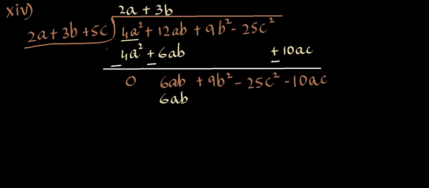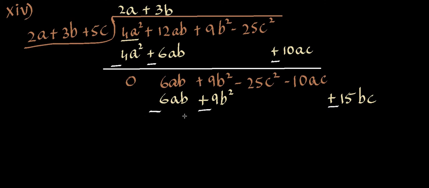Similarly, 3b multiplied by 3b will give me 9b square, and 3b multiplied by 5c will give me 15bc. There is no bc term, so I write it all over again, new 15bc, special treatment. Change of signs for subtraction, minus, minus, minus.